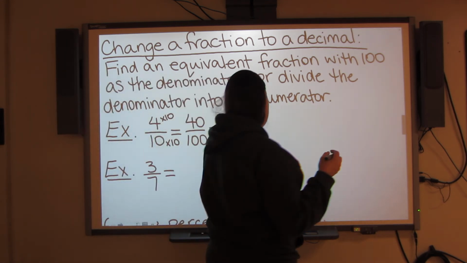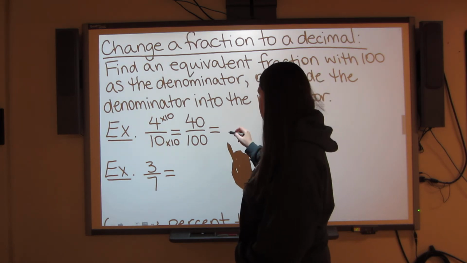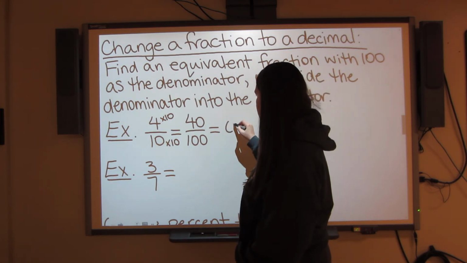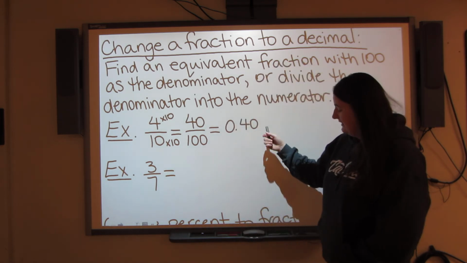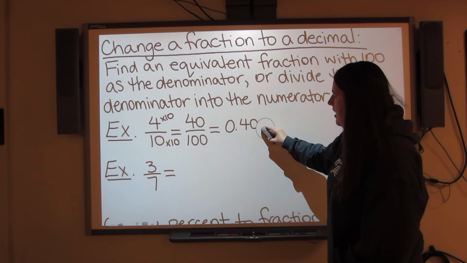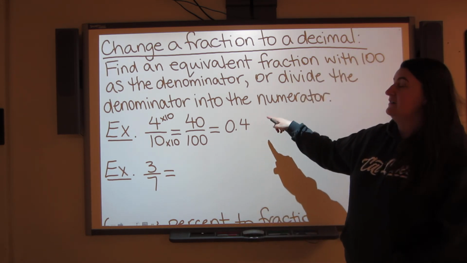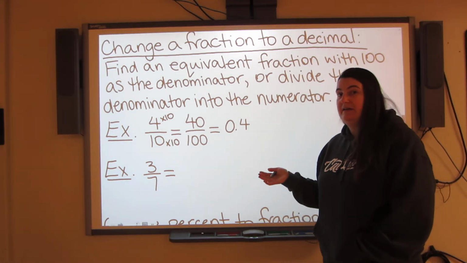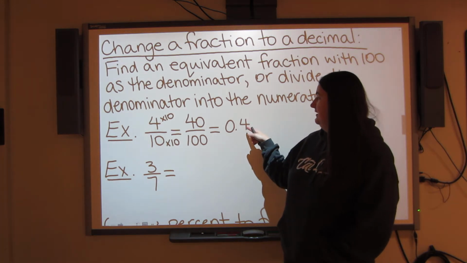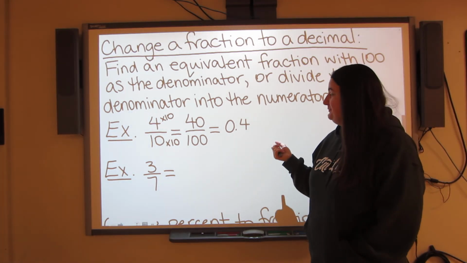40 over 100 turns to 0.40. Now, do I need that extra 0 there? No, I don't. If the 100th column has a 0, I don't need it. Just like if the 10th column has a 0, I don't need it either.